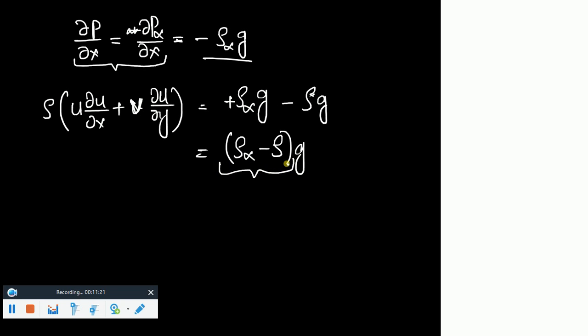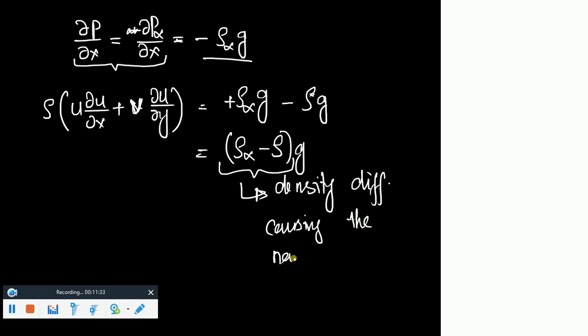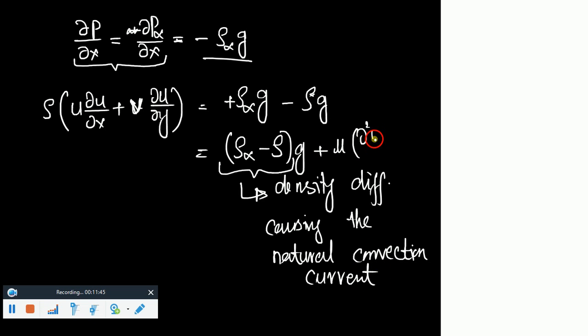So this is the density difference causing the natural convection current. The viscous term should also be there. So this is the density difference.